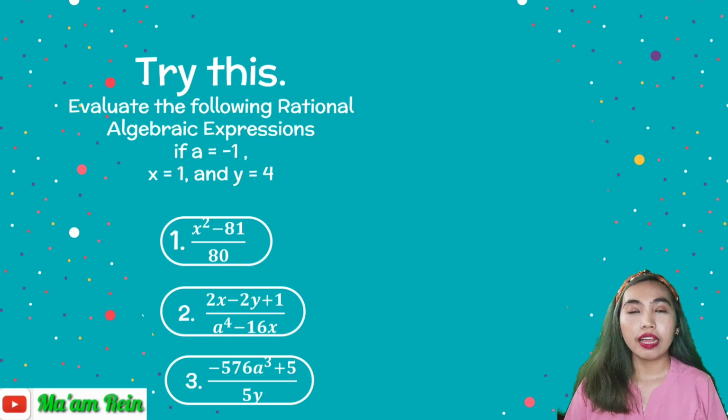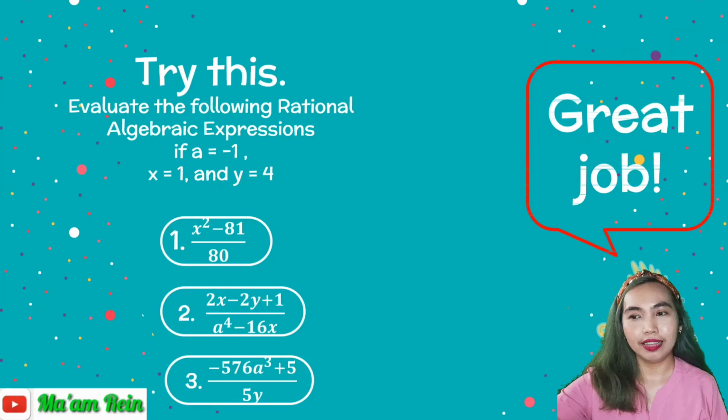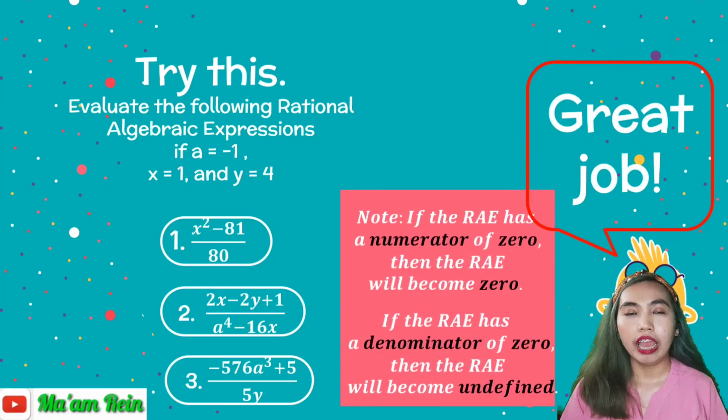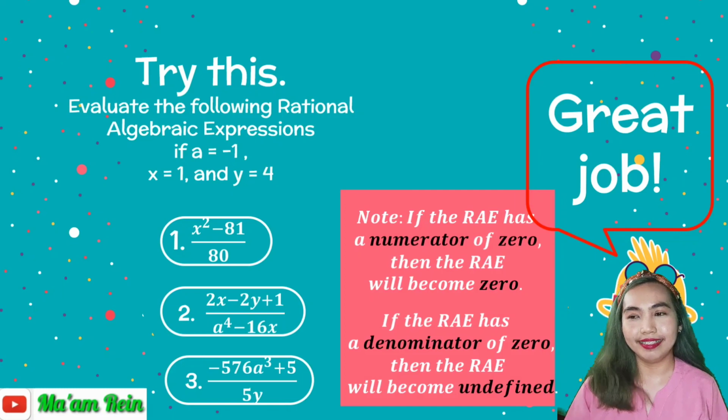And number 3, negative 576a cubed plus 5 all over 5y. Note, if the rational algebraic expression has a numerator of 0, then the rational algebraic expression will become 0. And if it has a denominator of 0, then the rational algebraic expression will become undefined.